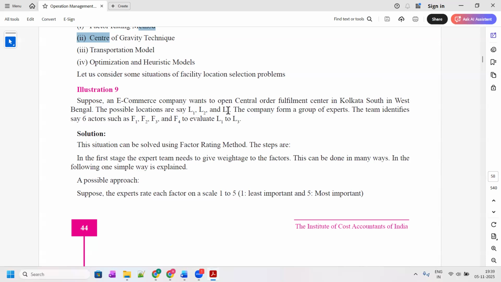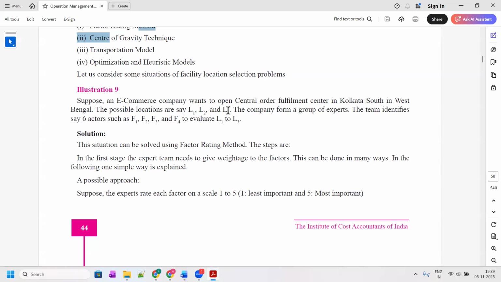The e-commerce company wants to set up its fulfillment center in Kolkata, they have three locations, and the experts consider six factors to evaluate these locations. The method they are going to use is the factor rating method.